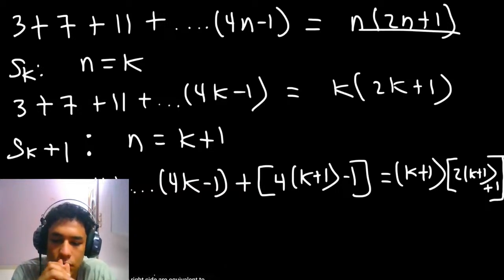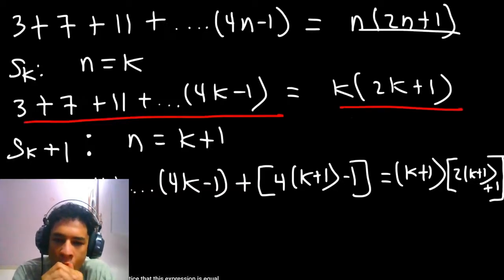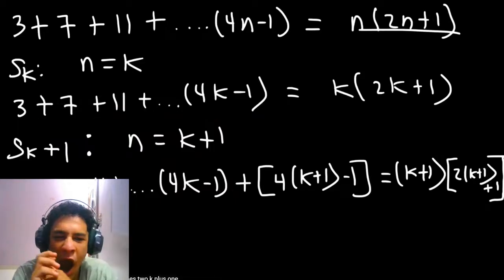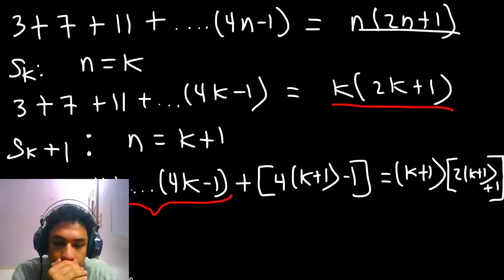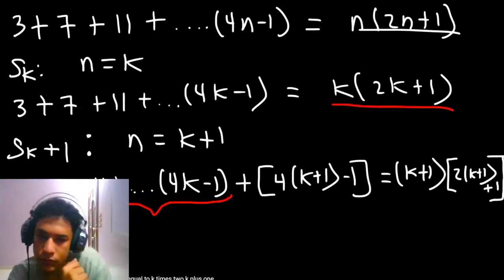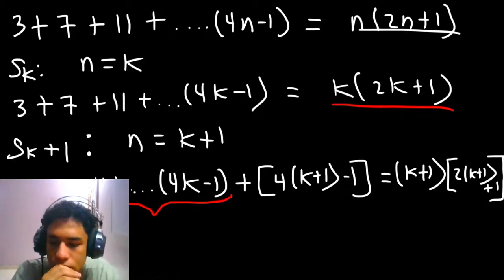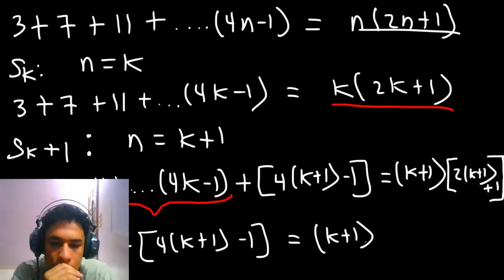Are equal. Yep. Here, for k plus 1 minus 1 equals 2k plus 1.